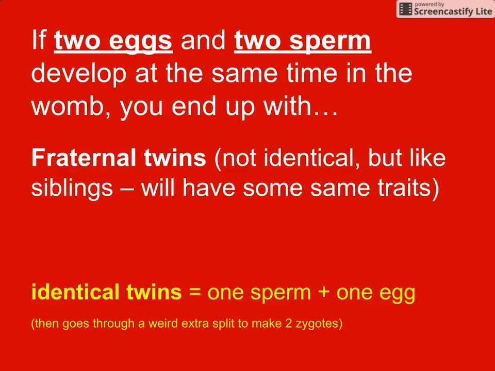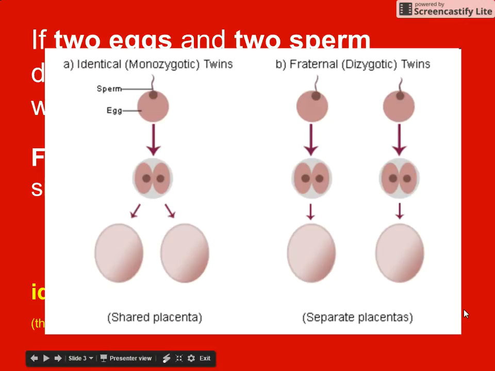Identical twins, again, have identical or exactly the same DNA. And the only way that can happen is if there is one sperm and one egg. So there you have your zygote splitting an extra time to get you identical copies, or identical twins. Again, if you study this diagram, you can see the fraternal twins: two separate eggs released from the mother, or the female, at the same time, and two separate sperm.